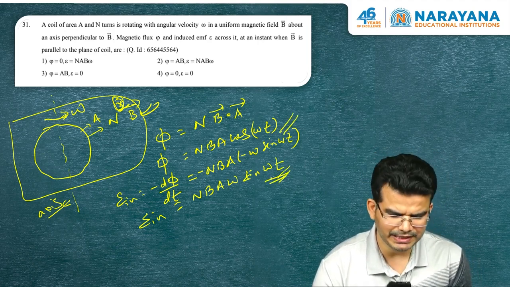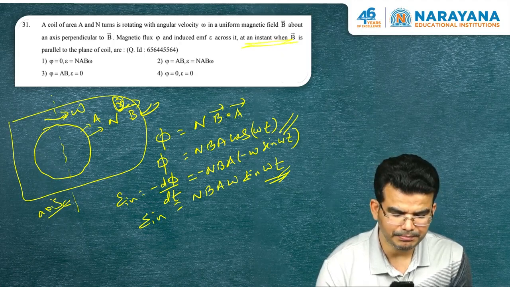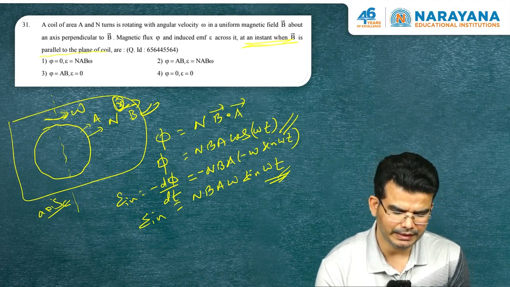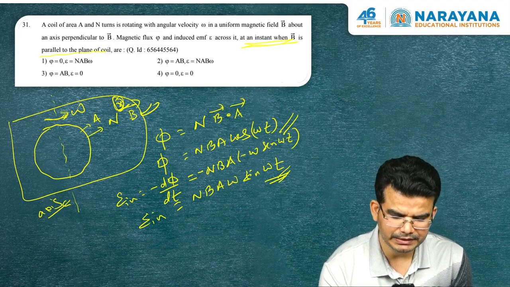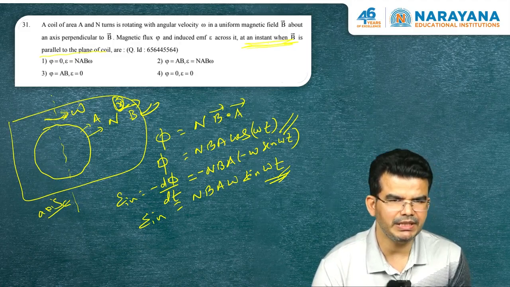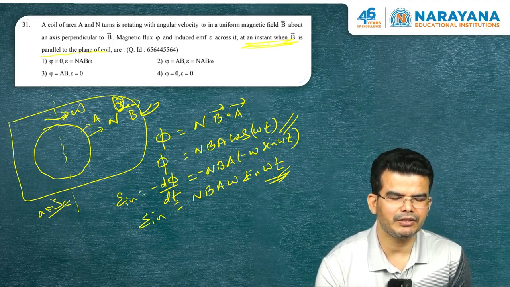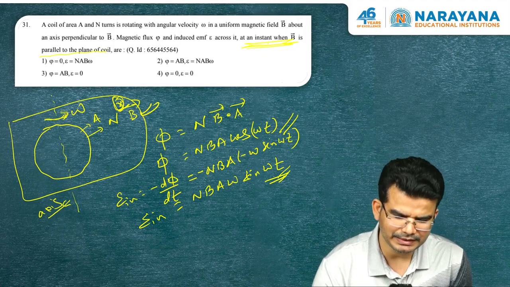Now, at what time are they asking? At an instant when B is parallel to the plane of the coil. Right now, in the diagram which I have shown, is B in the plane? No, B is inward, whereas the plane of the loop is, so right now theta is 0 degree. Are they asking at theta equal to 0 degree?